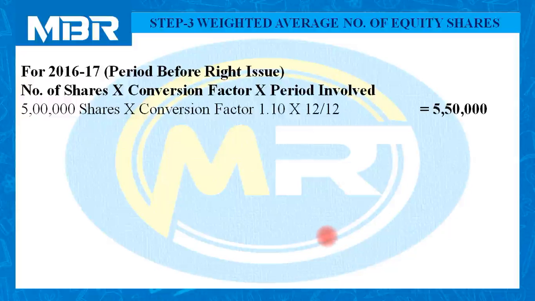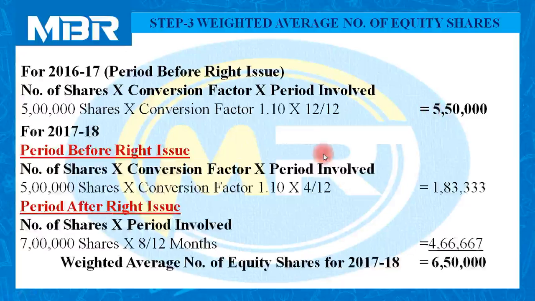Numbers of shares 5 lakhs multiplied by conversion factor 1.1 multiplied by 12 months out of 12 months, so 12 divided by 12. So weighted average numbers of equity shares for the year 2016-17 is 5,50,000.